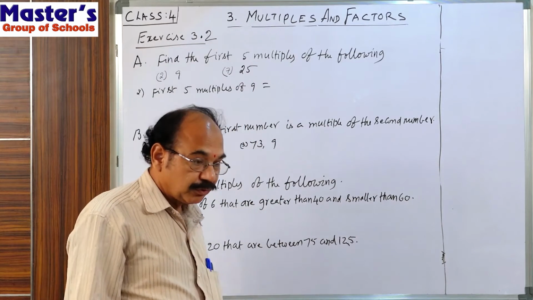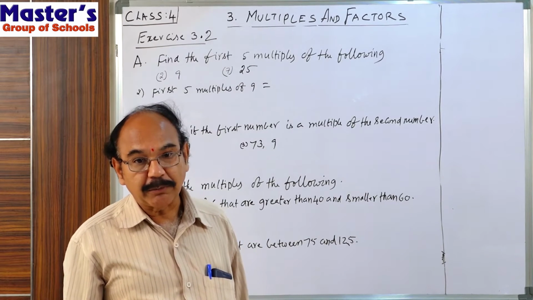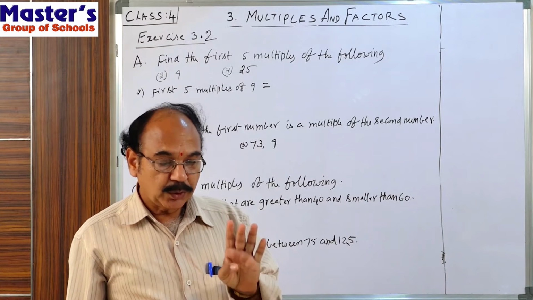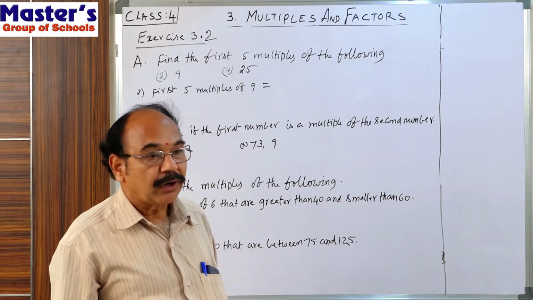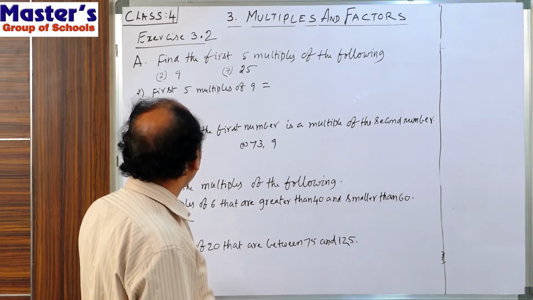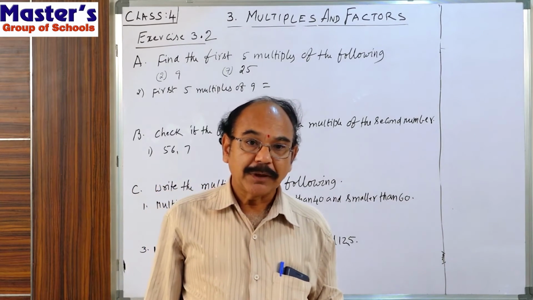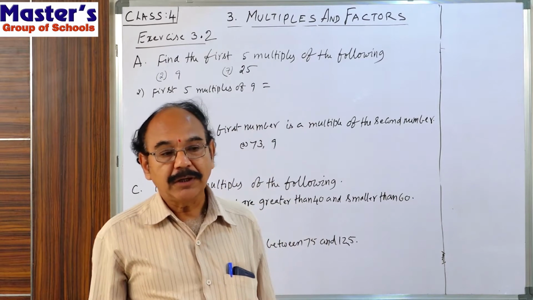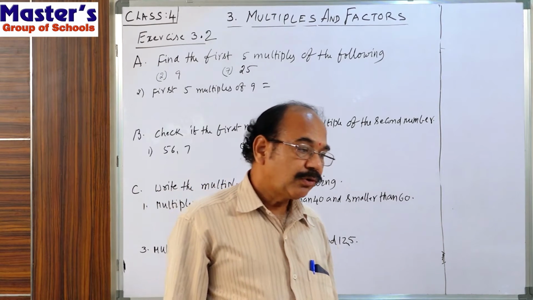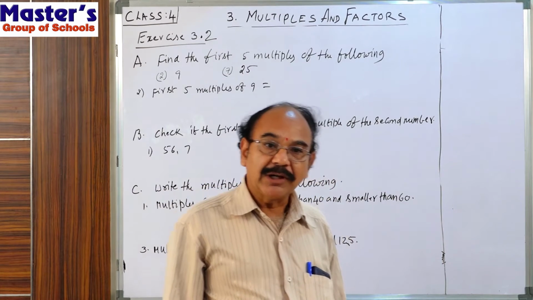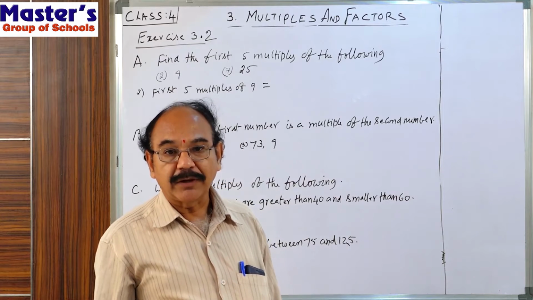If you want to get the multiples of a number, multiply with 1, 2, 3, 4 and so on. You want only 5 multiples, that's why you multiply with 1, 2, 3, 4 and 5 only, up to 5.